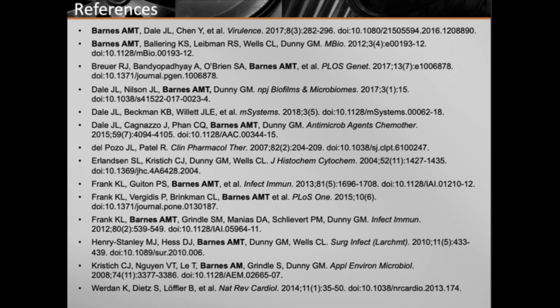I was fortunate to get a free postdoc because her husband got a job here, and she's studying EHEC, enterohemorrhagic E. coli, and it turns out that co-culture of Enterococci with EHEC also increases expression of virulence factors of EHEC.